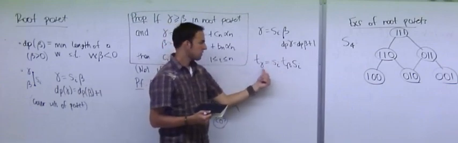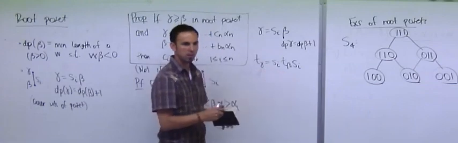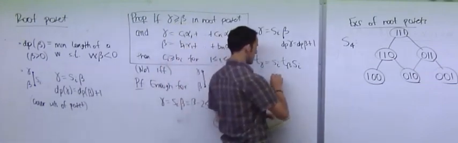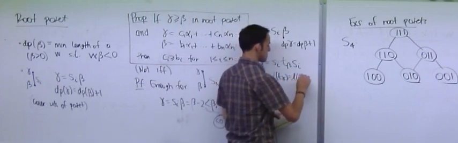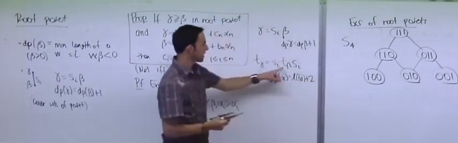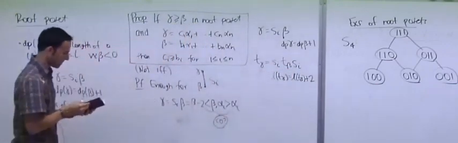That means that the length of t_gamma is 2 plus the length of t_beta. So it looks like this: if I choose something reduced here, then this is a reduced word for t_gamma.